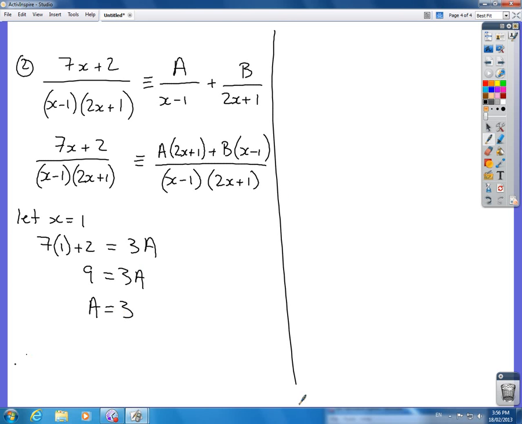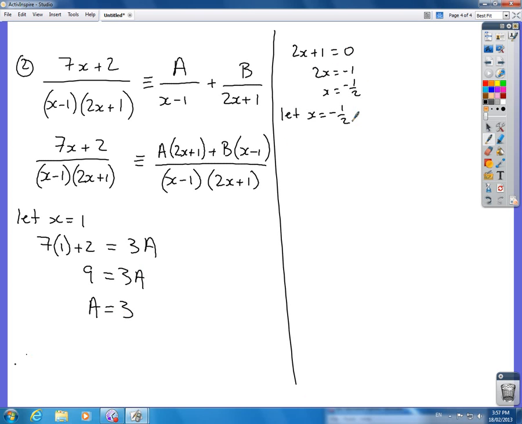Now, I want 2x + 1 to equal 0. So that's 2x equals -1, x equals minus a half. So I'm going to let x equal minus a half and substitute that back into the original equation.